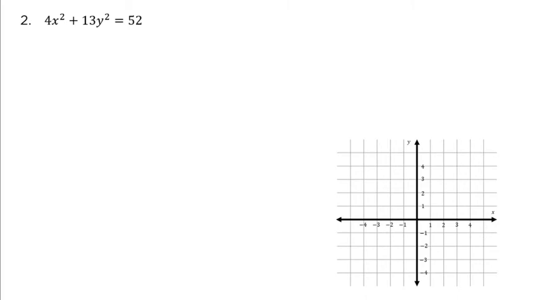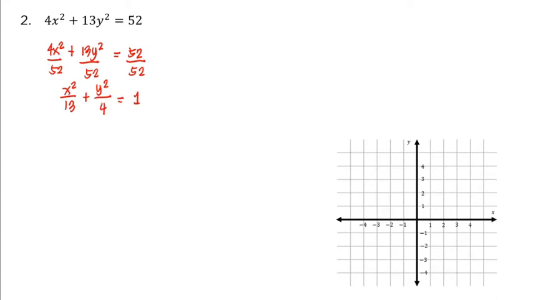So we have, copy ko muna, 4x squared plus 13y squared equal to 52. So we will divide both sides by 52. So we have x squared over 13 na lang plus y squared over 4 equal to 1.